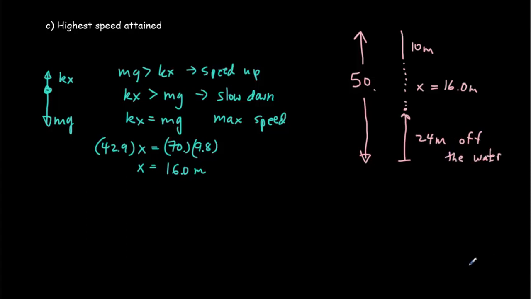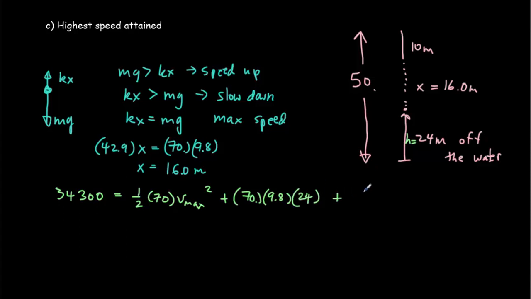So we're going to do exactly the same thing that we did last time. We said that the total energy was 34,300. And that's equal to the sum of the kinetic energy, 1/2 m times v max squared in this case, plus mgh, 70 times 9.8, and the height is 24 meters, plus the elastic potential energy, 1/2 times 42.9 times 16.0 squared.